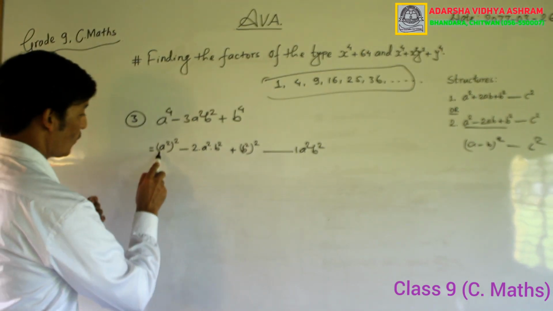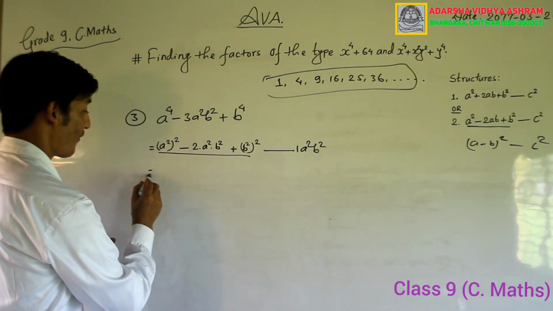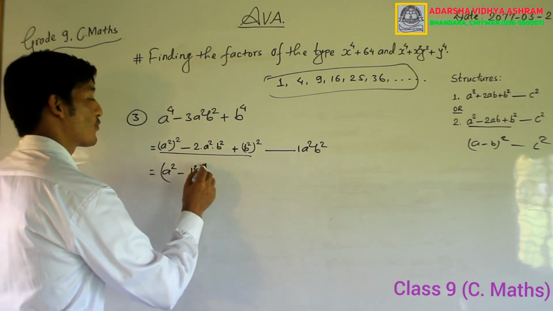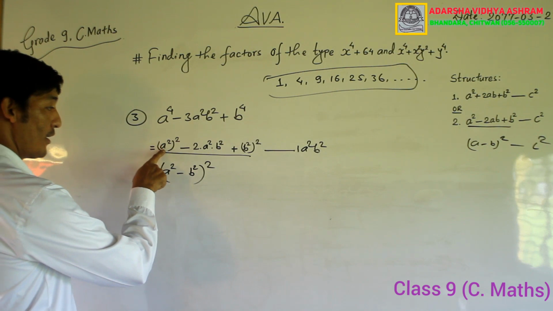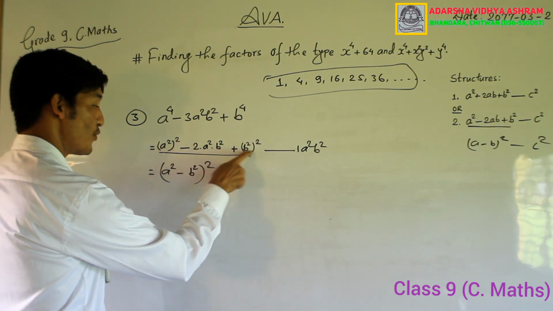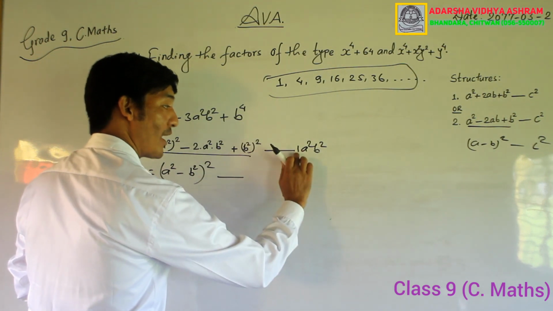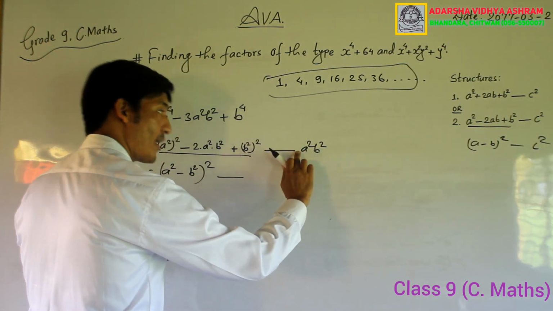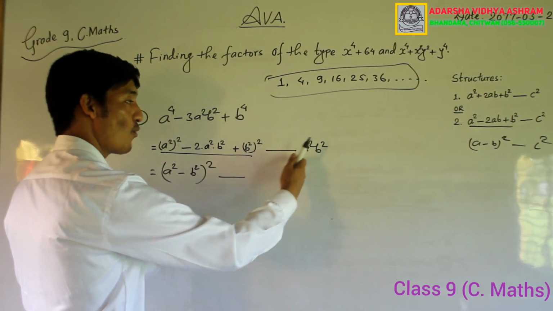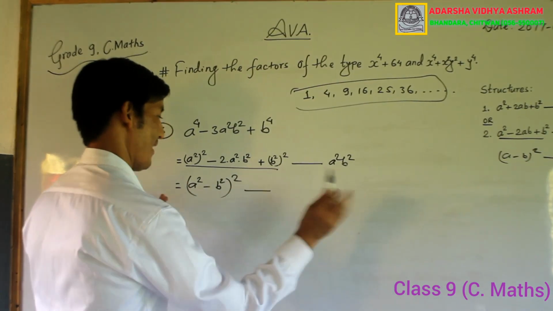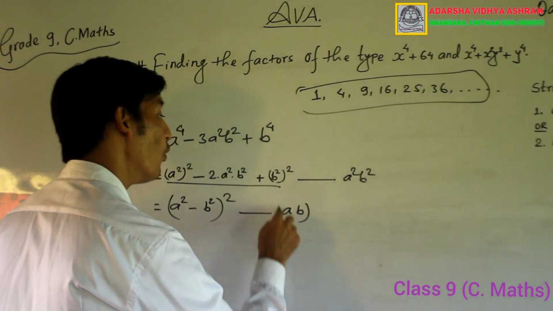Okay. So these three terms are in the perfect square. a square minus b square whole square. Now why? Because a square minus 2ab plus b square means a minus b whole square, and minus 1, if you want to put, that's also okay. Coefficient 1 is hidden, either putting or not putting is the same. And now this is ab whole square.